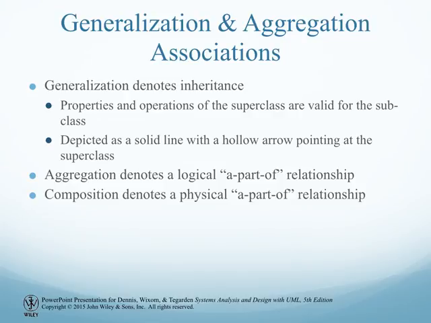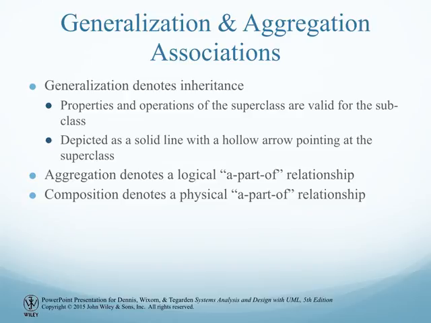Aggregation is a logical part of, and what they mean by logical is that it's easy to add or remove. It's not an important specific part of the class. An example of that would be an employee for a department. An employee is part of the department, so there are maybe 3, 4, or more employees inside the department.